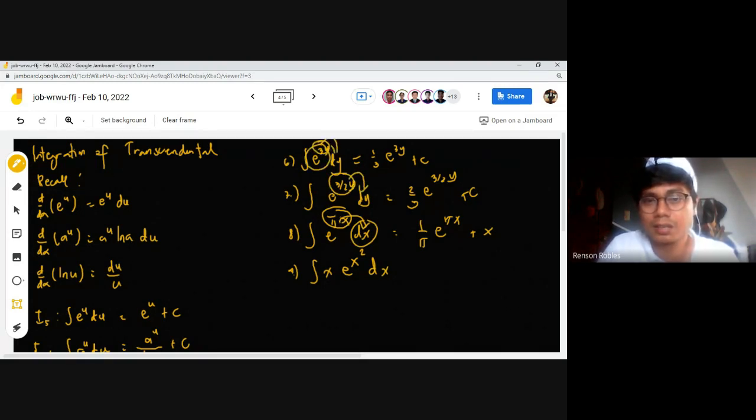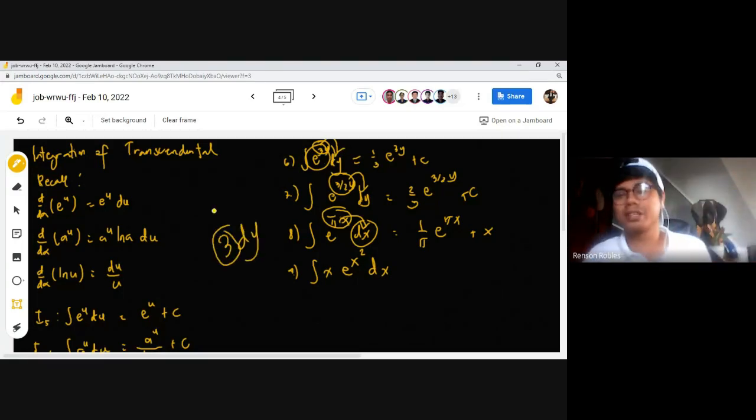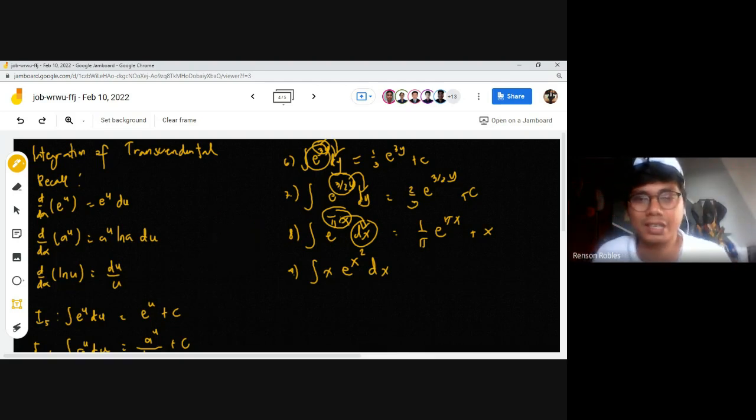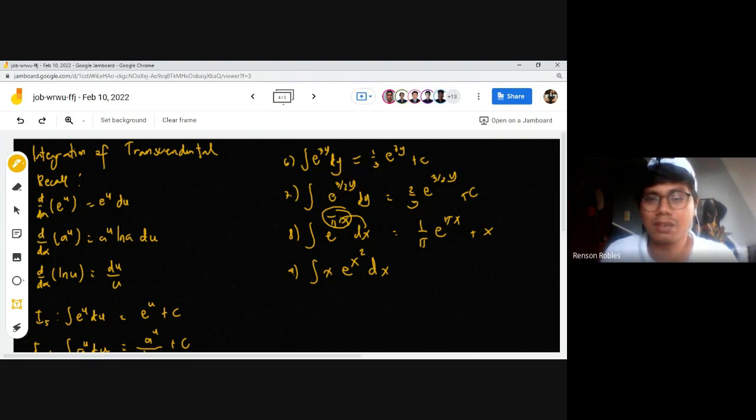Okay? So, sir, it's 3y. Di ba ang derivative nun is 3dy? Constant naman to, so that's why you can avoid that constant. That's why you just multiply it by 1/3. However, in this case, when you differentiate x squared, that's 2x dx, and you do not see any x dx here.